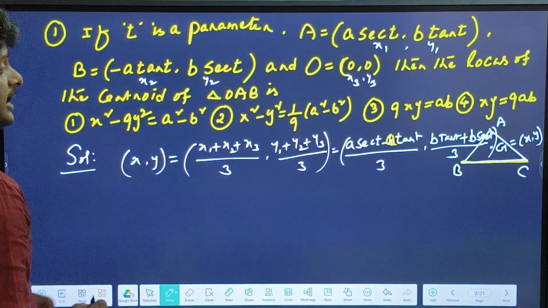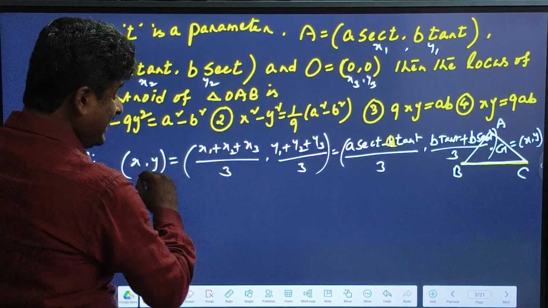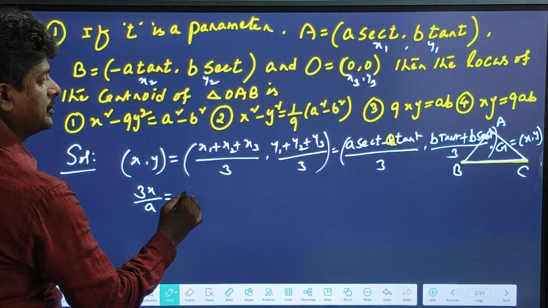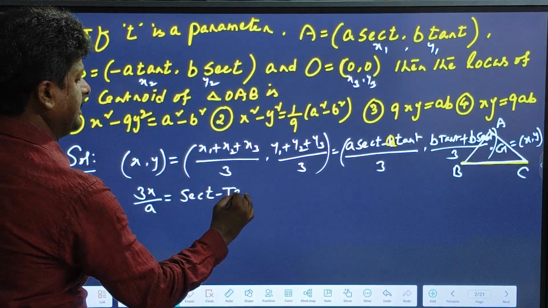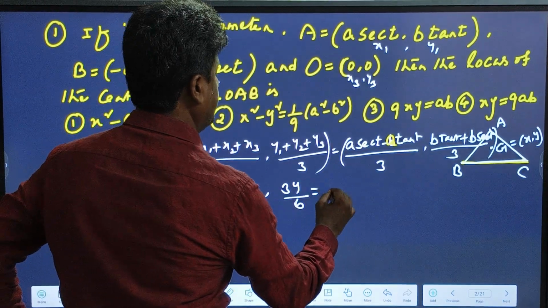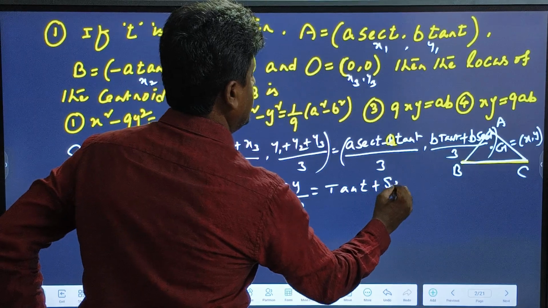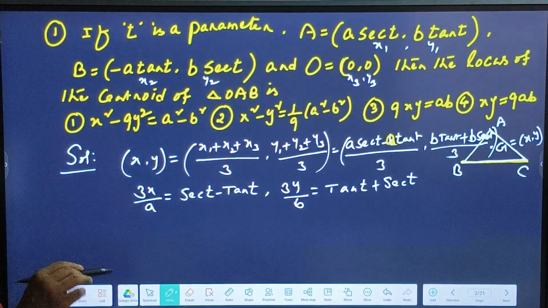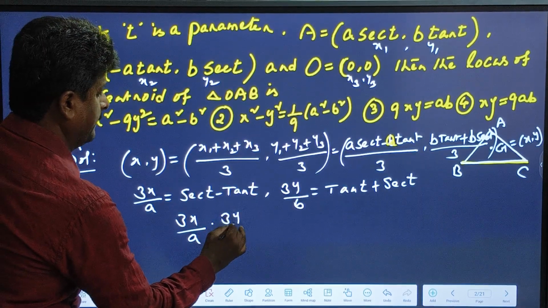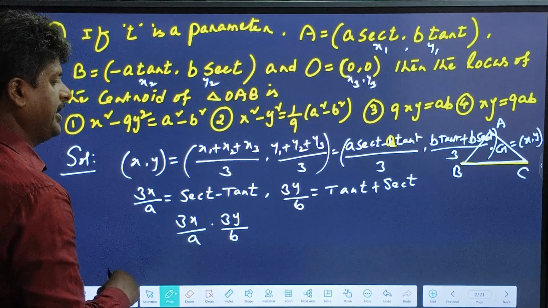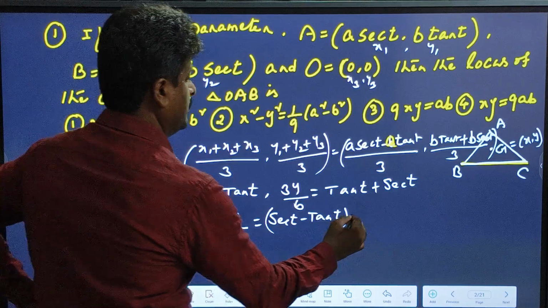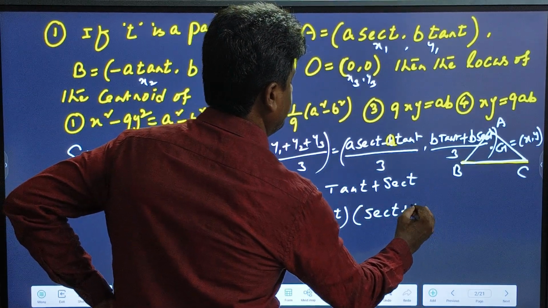Okay, equating x coordinates and y coordinates, 3x by a is equal to sec t minus tan t, 3y by b is equal to tan t plus sec t. In order to eliminate t from these equations, it is enough to multiply: 3x by a into 3y by b is equal to sec t minus tan t into sec t plus tan t.